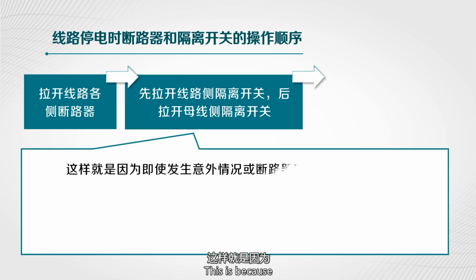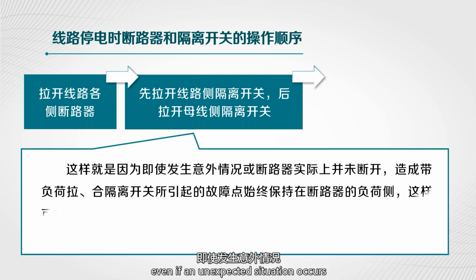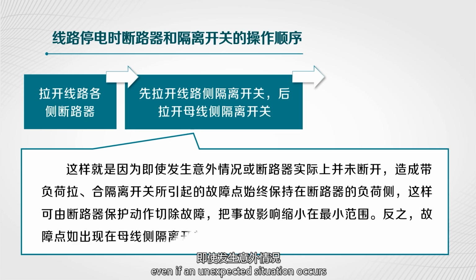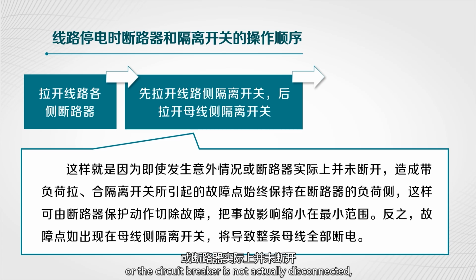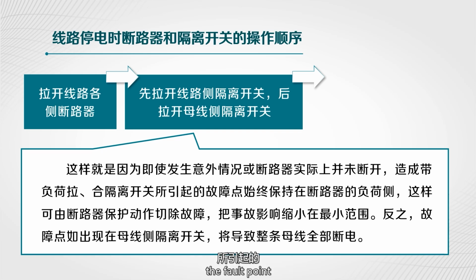This is because even if an unexpected situation occurs, or the circuit breaker is not actually disconnected, causing the disconnector to be pulled and closed on the load, the fault point caused by it always remains on the load side of our circuit breaker.